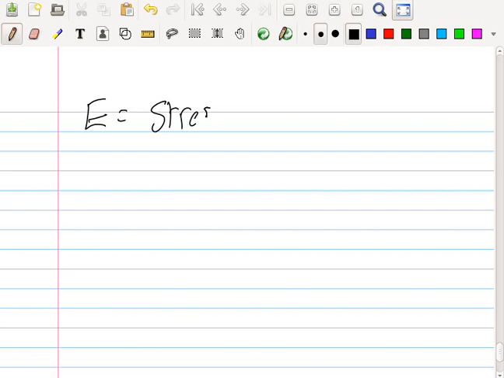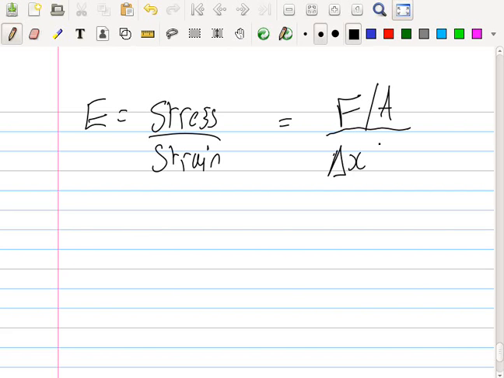Stress over strain. Now, what is the formula for stress? Force over area. And for strain? Delta x over x, the natural length. Maybe I'll call it L or something.